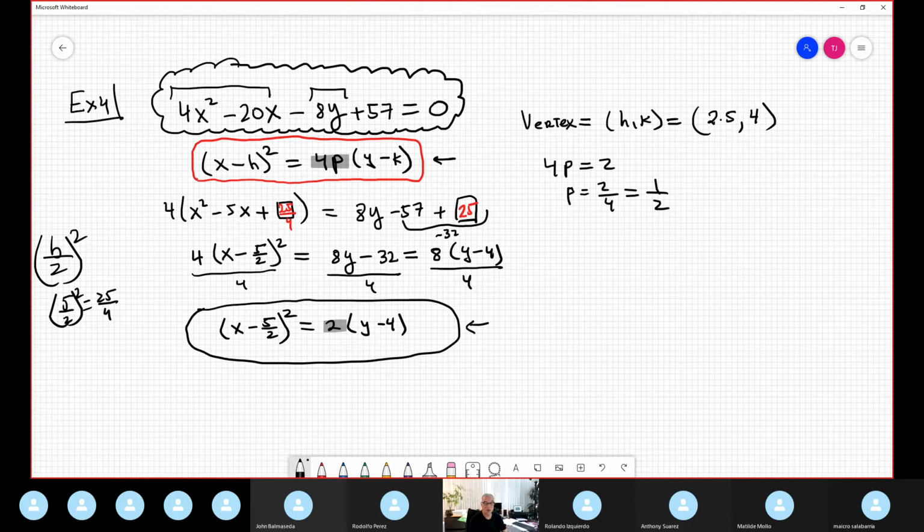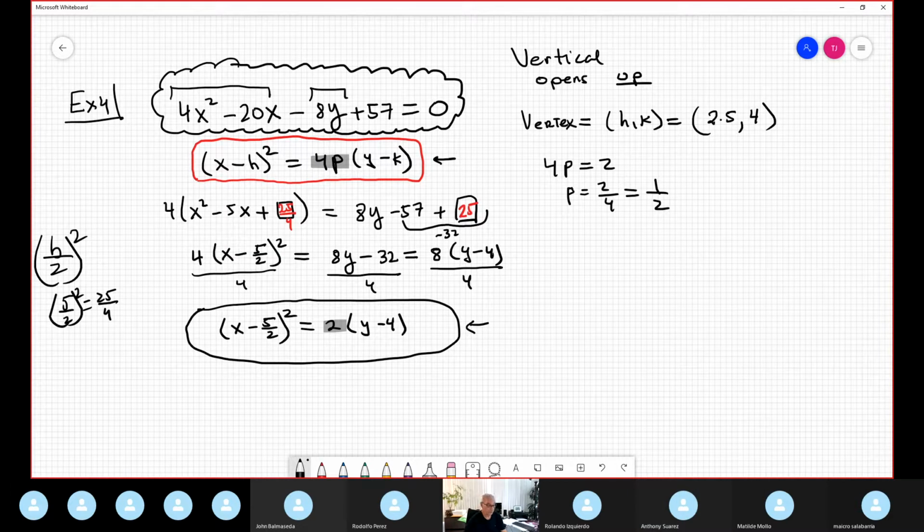This parabola is a vertical parabola or horizontal parabola? This is the first thing you should do, classify. Is it vertical or horizontal? Vertical. Very well. In what direction does it open? Opens up. How do you know it's up? The P is positive. Exactly, because P is positive.